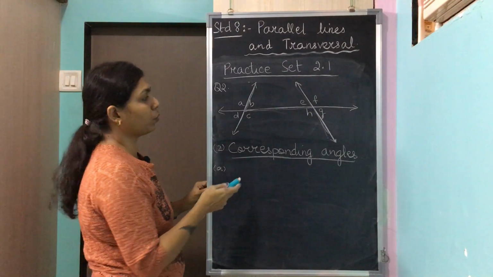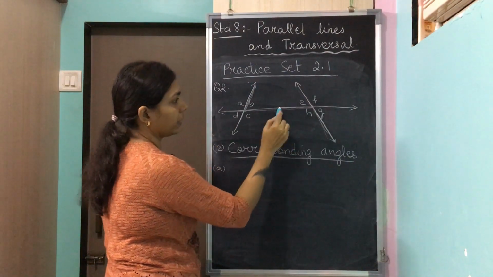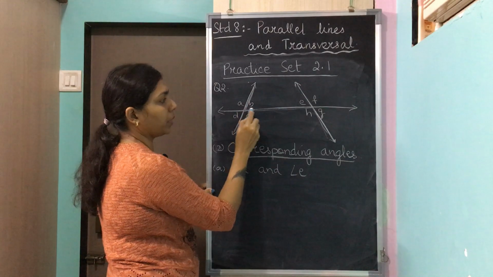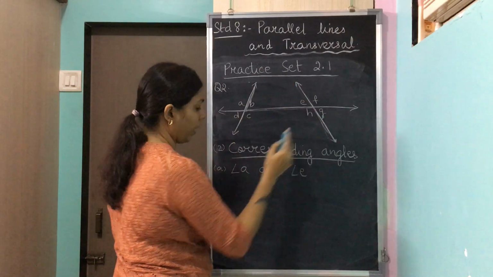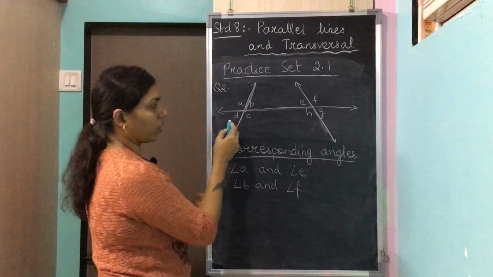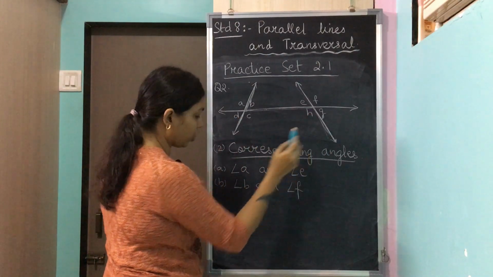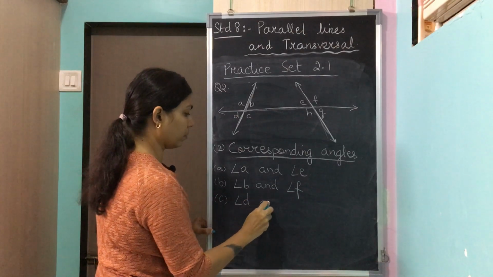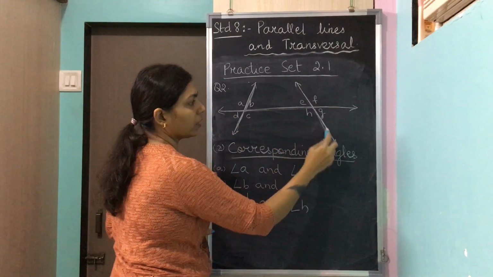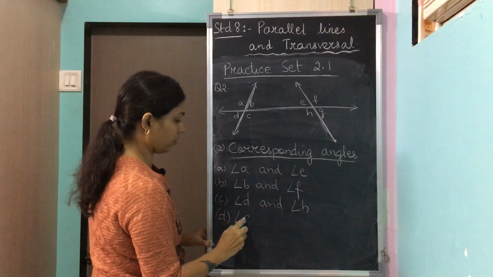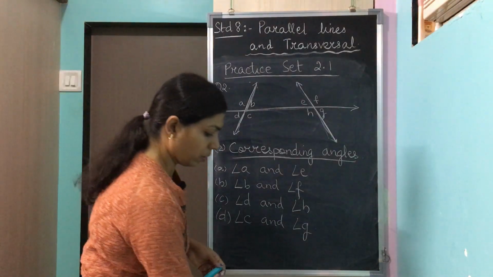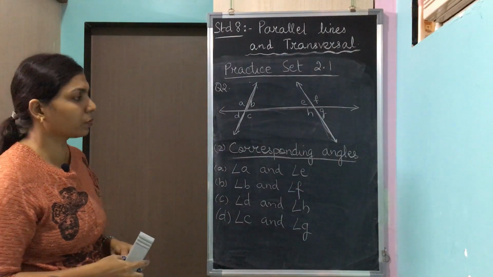So angle A and angle E. Then on this side, angle B and angle F. On the bottom side, angle D and angle H. And on this side, on the bottom side, angle C and angle G. Okay, so these are your corresponding angles. Please copy it down, and we have one last thing to be covered.